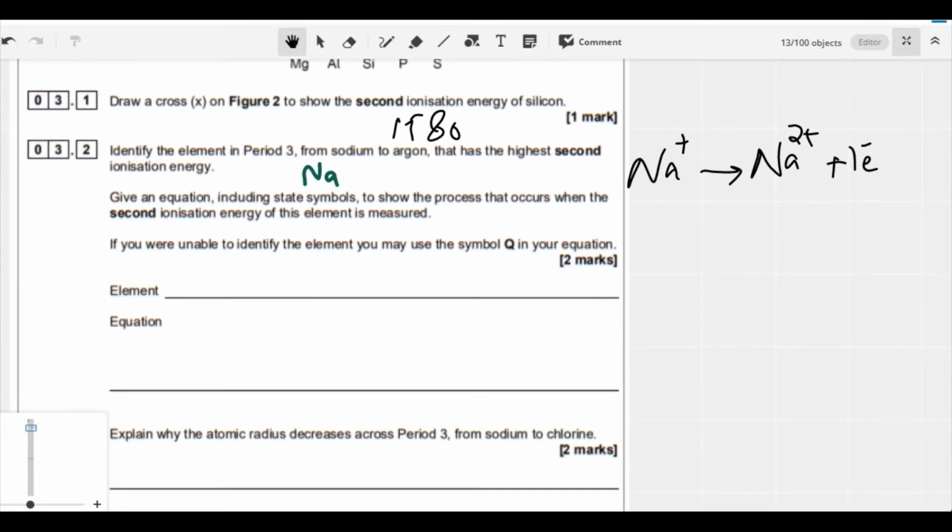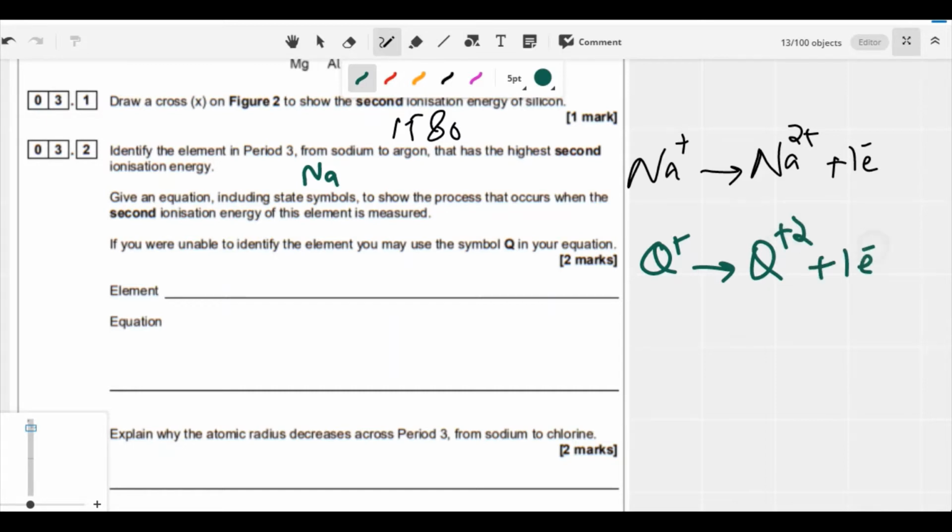Okay, now give an equation including the state symbols to show the process that occurs when the second ionization energy of this element is measured. If you are unable to identify the element, you may use the symbol Q in your equation. So you can use the symbol Q. For example, Q+ converts into Q2+ with 1 electron loss.